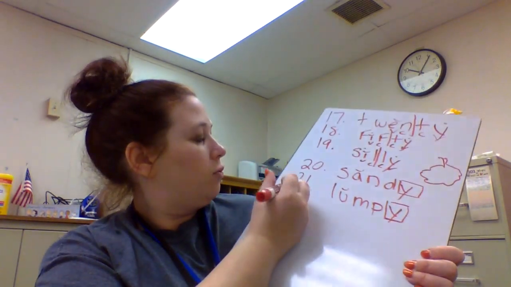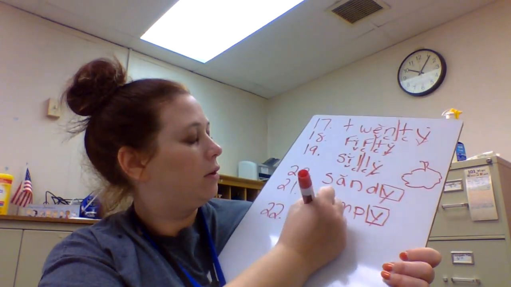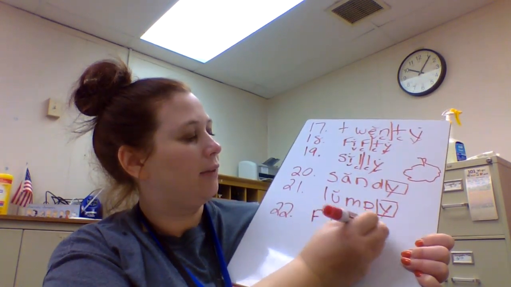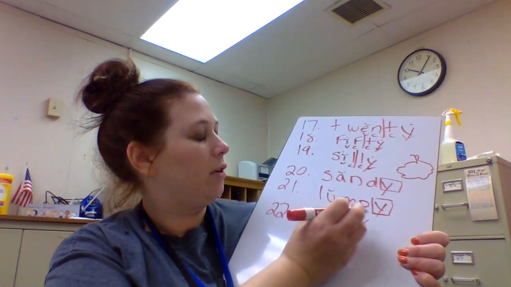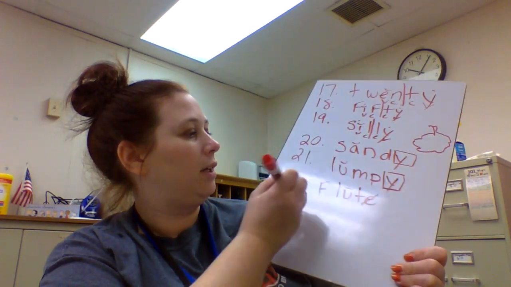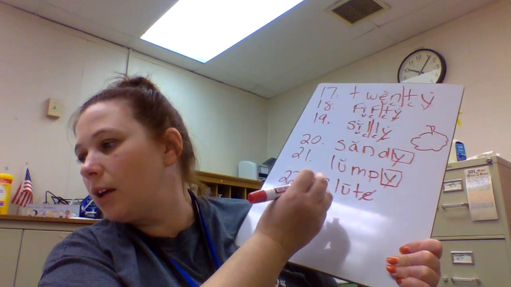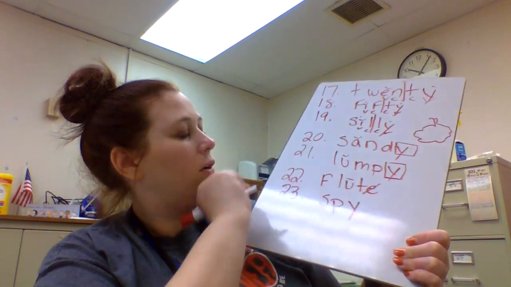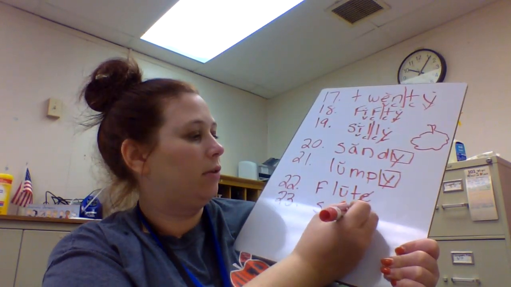All right, number 22, flute. Here we have vowel, consonant, and then E. So our E gets crossed out and our U gets a macron, because we have U, consonant, E. 23, spy. Here our Y is at the end, and it's one syllable.